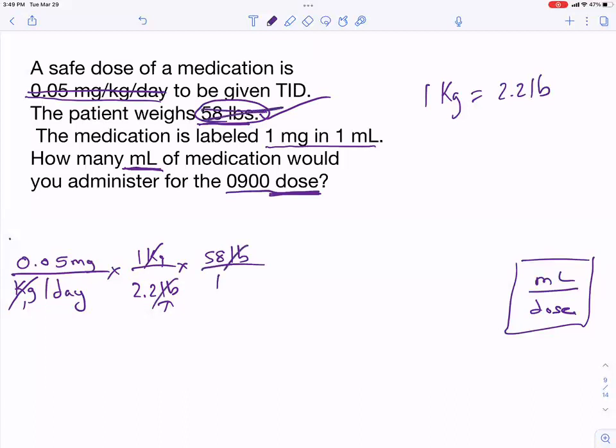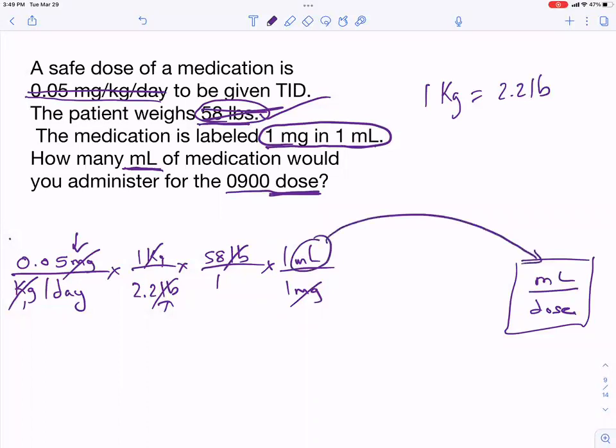So I've used that. Now, how do I get rid of milligrams? I go to my problem. And right here, I have 1 milligram and 1 milliliter. So I can say 1 milligram, and why am I putting it in the denominator? Because I can cross off diagonally. 1 milligram is in 1 milliliter. Look at that. I have the first part of my problem.